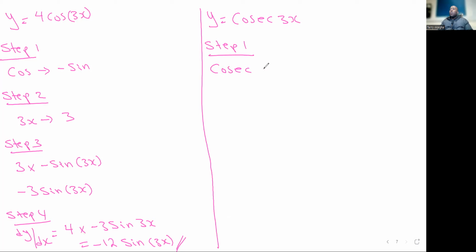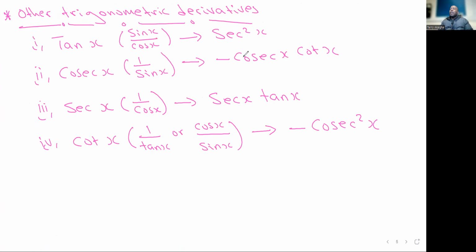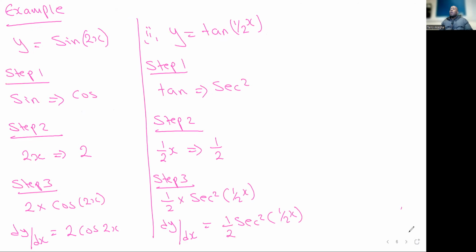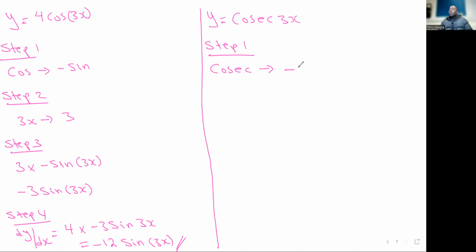When you differentiate cosec, you go back, cosec is minus cosec x cot x. So it's going to give us minus cosec 3x cot 3x. Okay? So that is that.